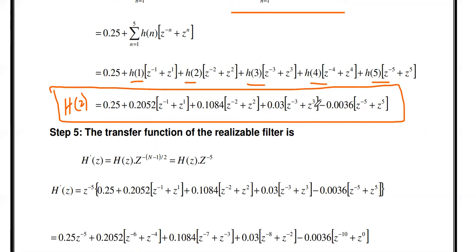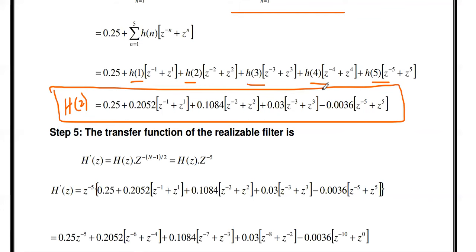But you see this transfer function has positive z terms, that is z^1, z^2, z^3, z^5, in addition to the negative z power terms. When a transfer function has positive z power terms, the filter is not physically realizable, which means we cannot implement it practically.